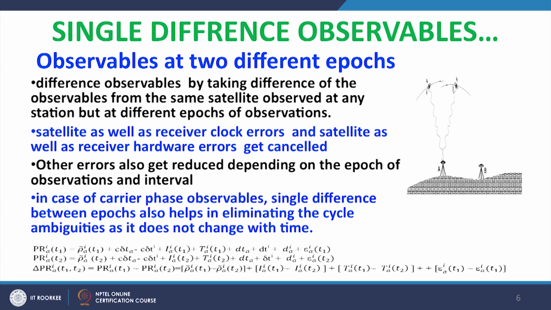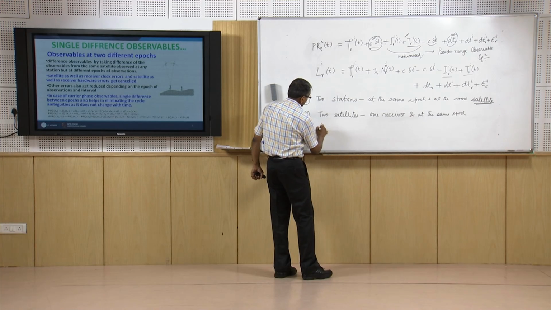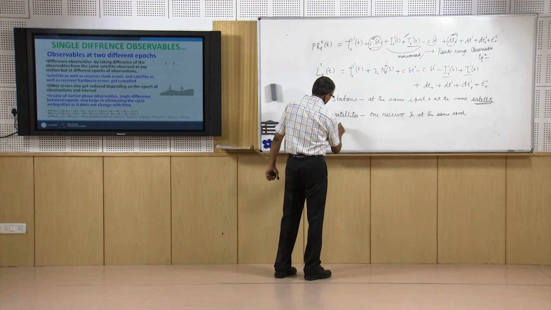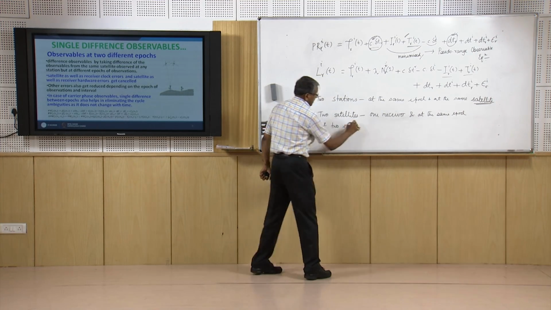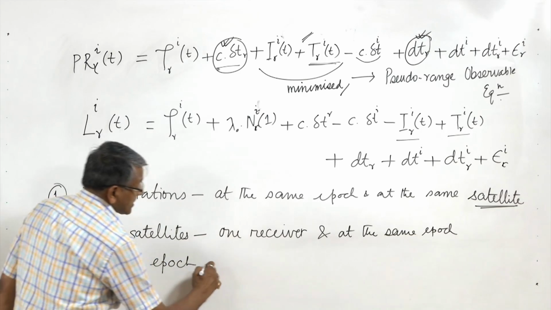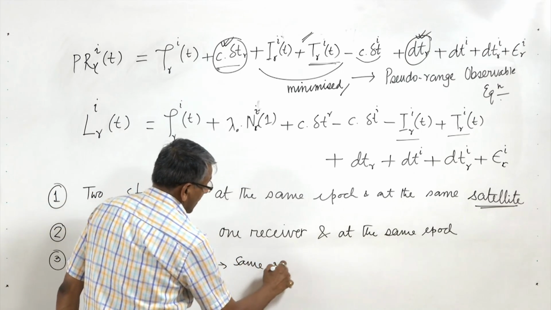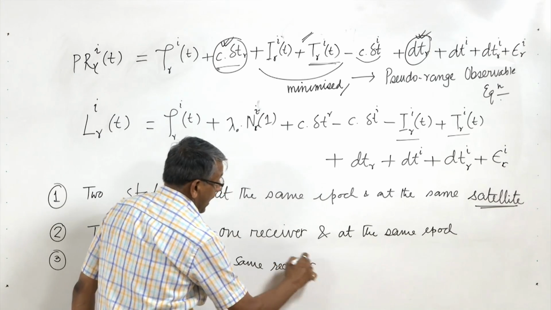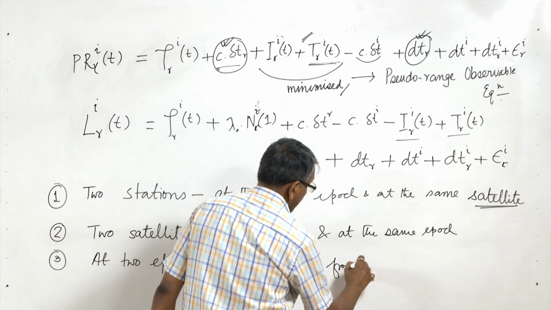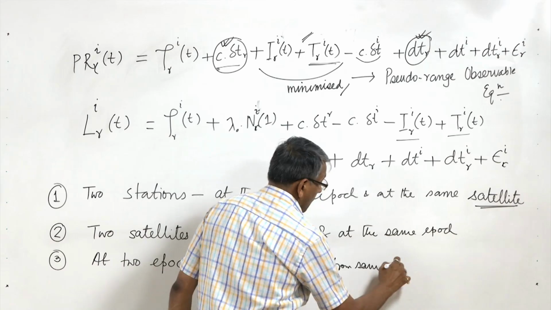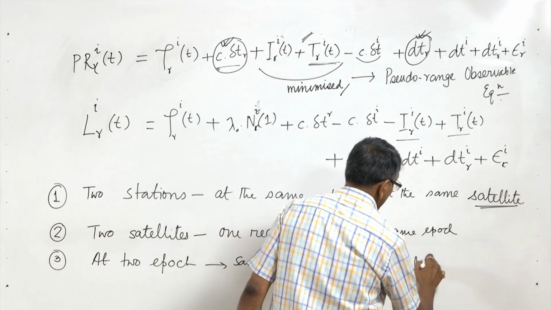Now, the third one is that we take the observation at two different epochs, but the signal is coming to the same receiver from the same satellite.